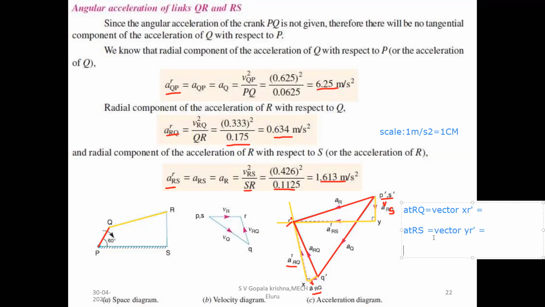And similarly the unknowns: AR value, directly take as capital AR, equals to vector S dash R dash.